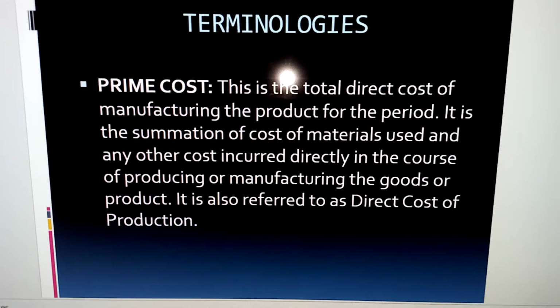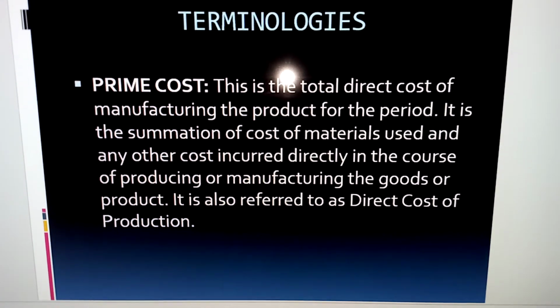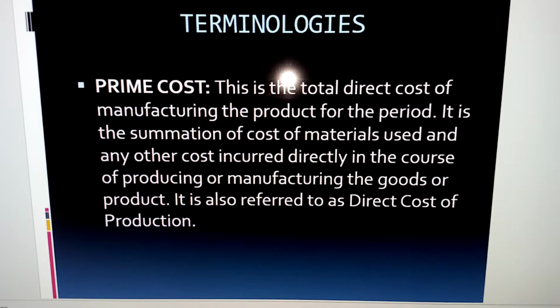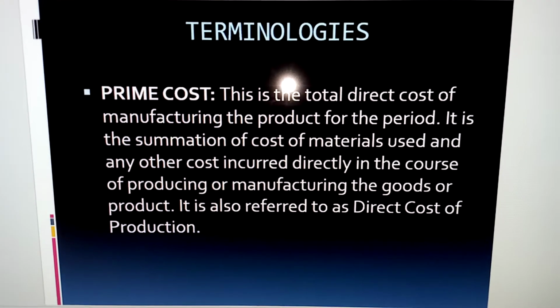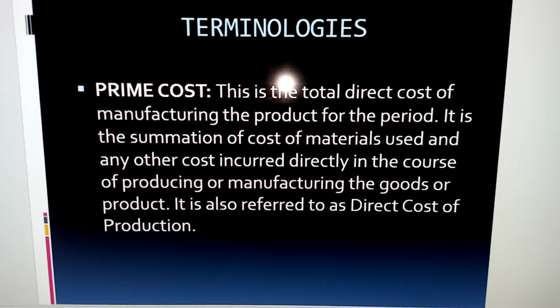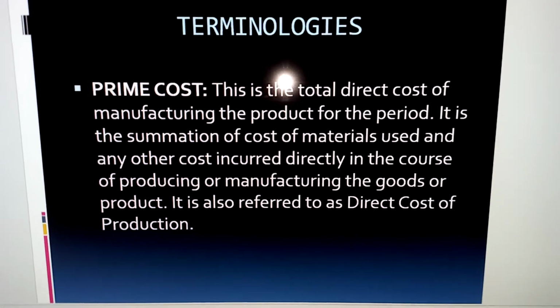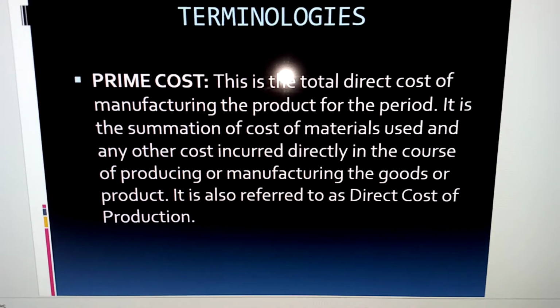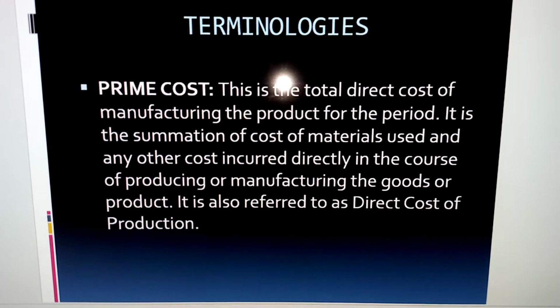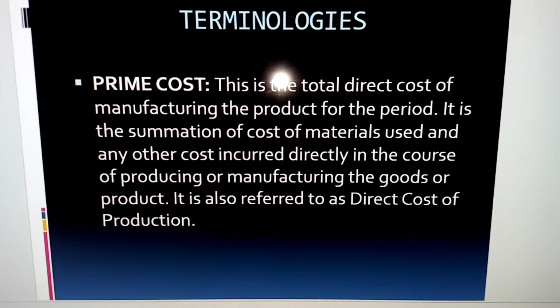So when you bring your materials together and you bring your other direct costs involved, you're talking about the prime cost or direct cost. So all the costs directly involved in producing or manufacturing the product is what we refer to as prime cost.